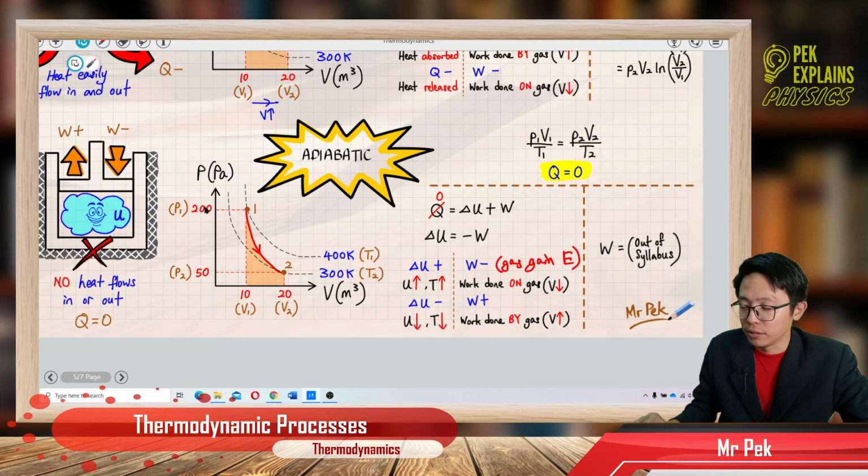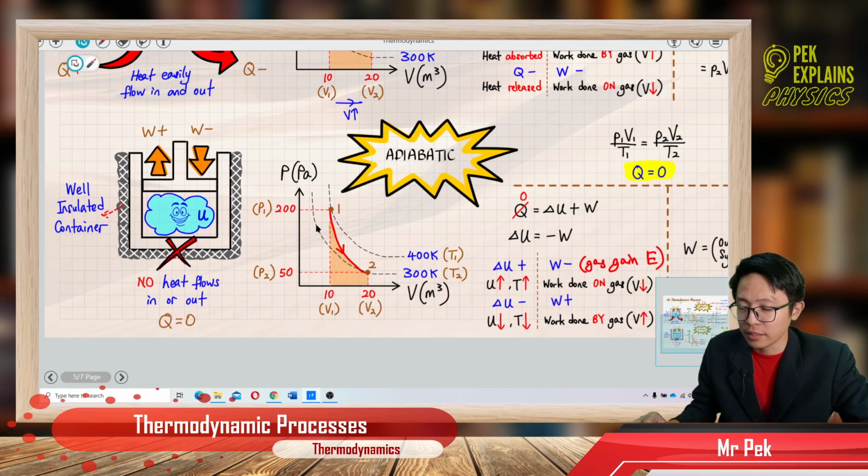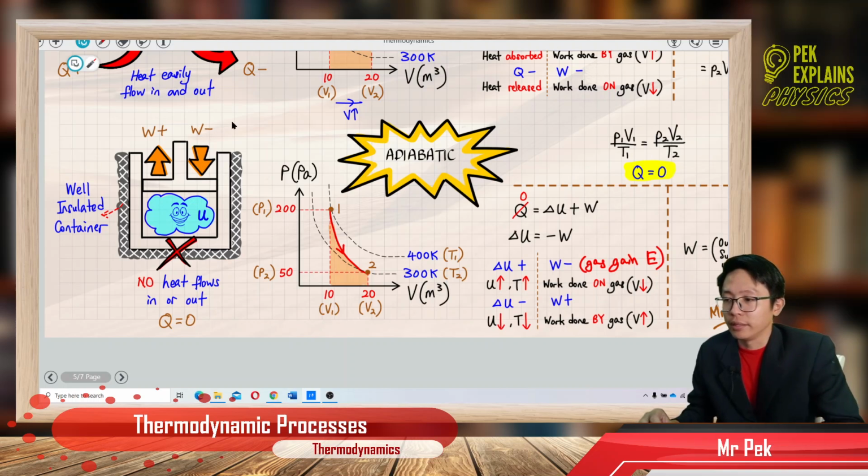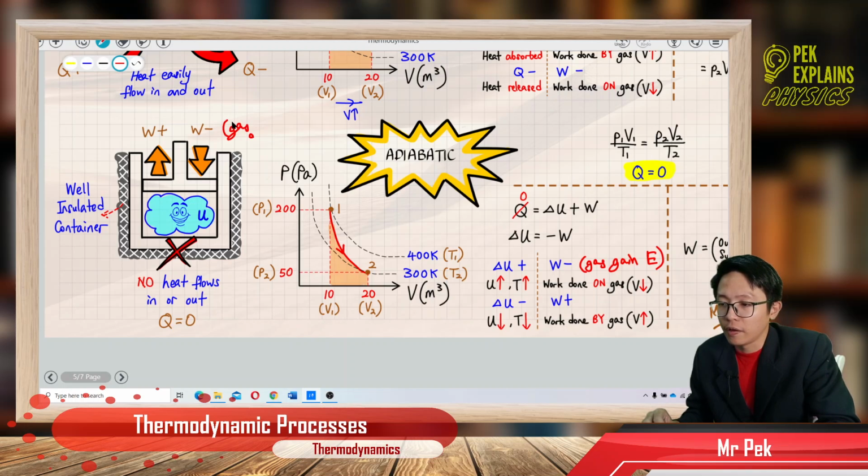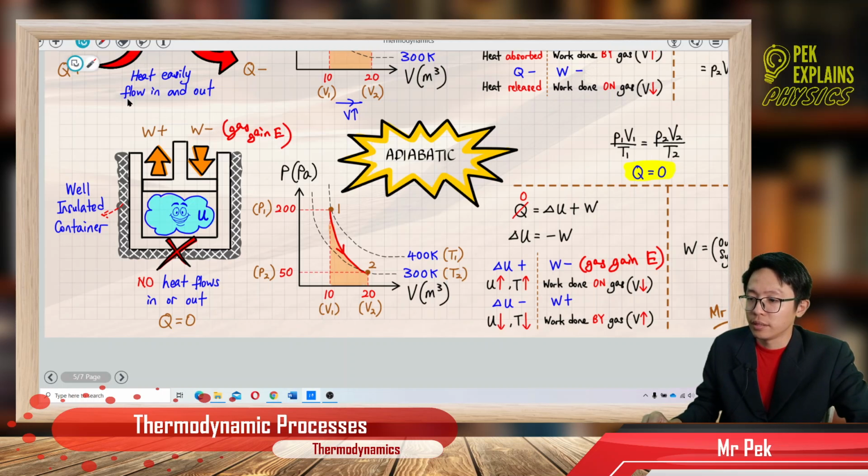But look, this container is well insulated. When W is negative, the gas will gain energy.